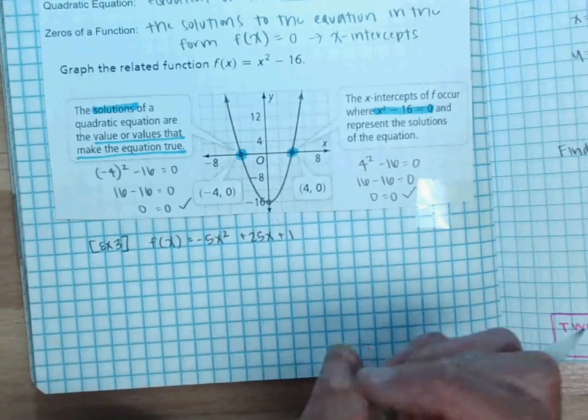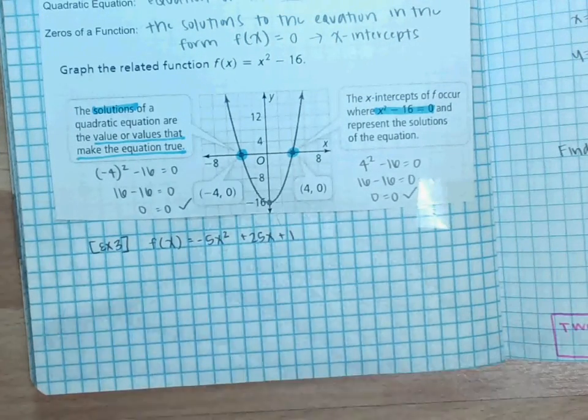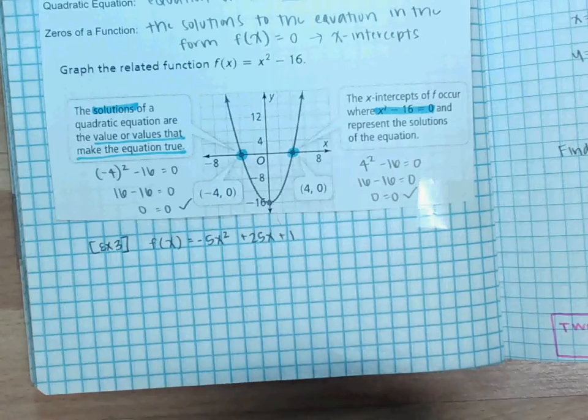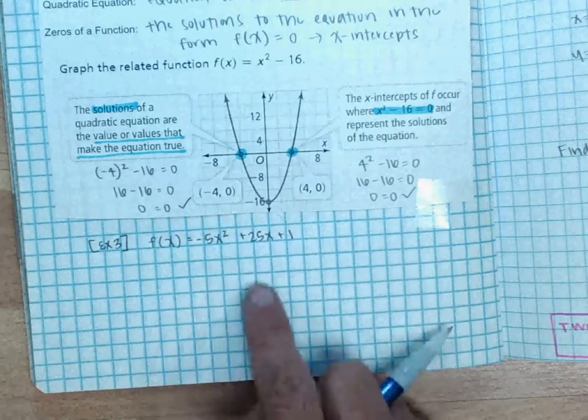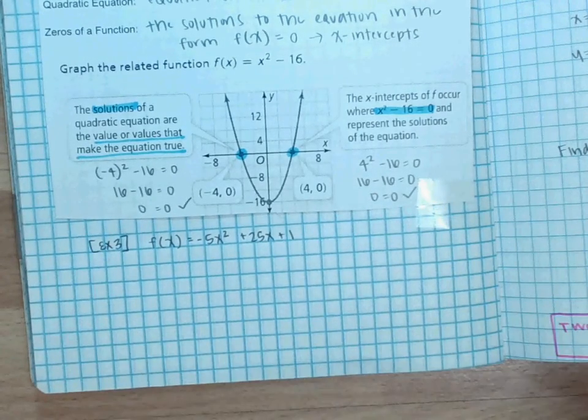And basically what it's saying is to use the graph to help you determine how long the ball is in the air for.